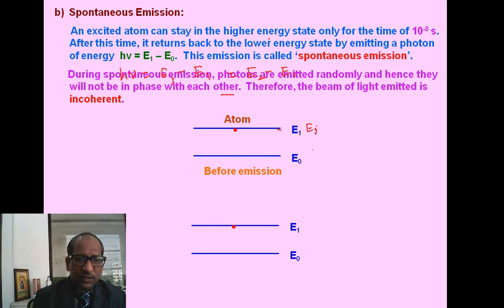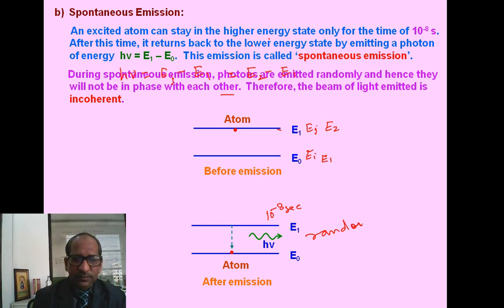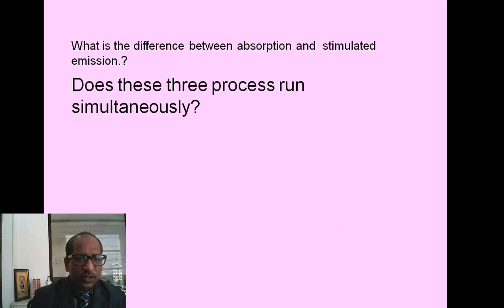This is EJ, EI, or E2, E1, it does not matter. So now the atom, after 10 raised to the power minus 8 seconds, emits a photon in a random direction, and as a result you get incoherent light from the spontaneous emission.